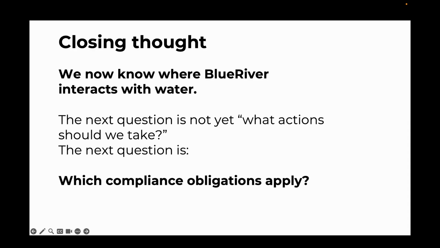And how do those obligations apply to each relevant water-related aspect? That is the next step. So, in episode 6, we will take the water-related aspects register and connect it with compliance obligations. This will help BlueRiver understand not only where it interacts with water, but also what it is required or committed to do about it.